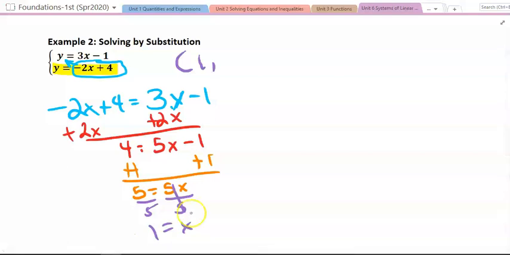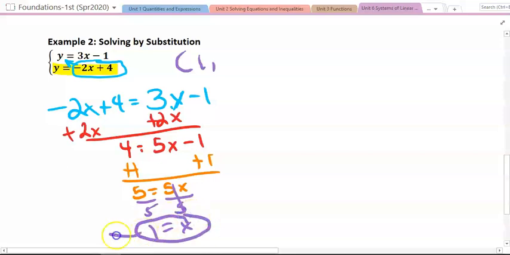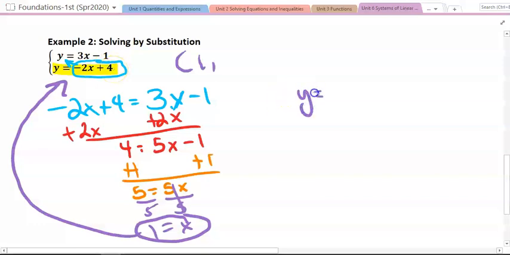So now I'm going to take this piece of information and plug it back into one of my originals. I can plug it into the first equation, or I can plug it into the second equation. And I'm going to plug it into the second in this case. And so what I'm going to get is y equals negative 2, substituting the x for 1, right? So I'm going to substitute the 1 in, and then plus 4 out back.